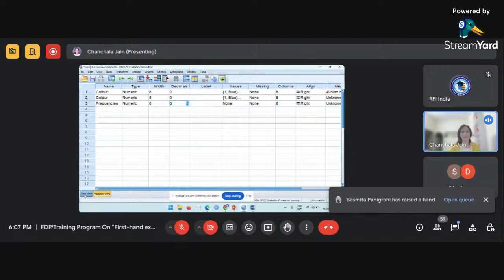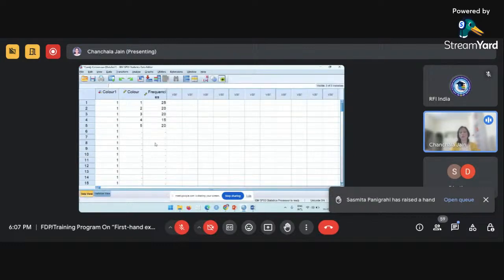And then I'm coming to the data view. So now you can see in the first column I'm having the color, and in the further columns, I'm having the color and frequency. So can anyone tell me here, firstly, which type of chi-square test I need to perform here, and with which variable?